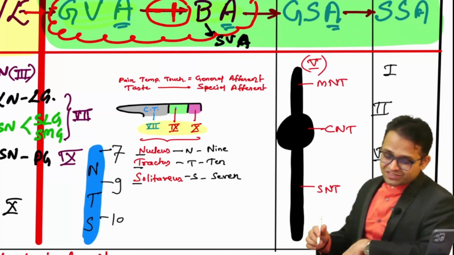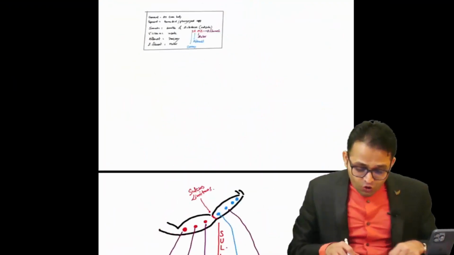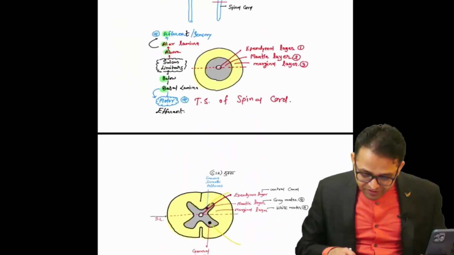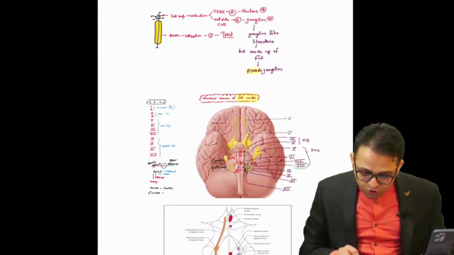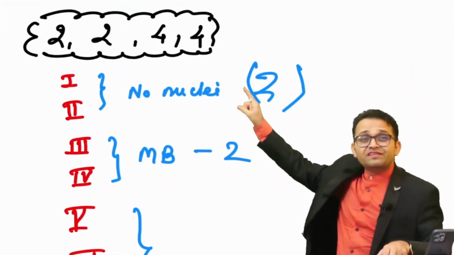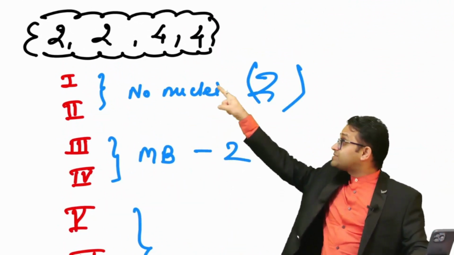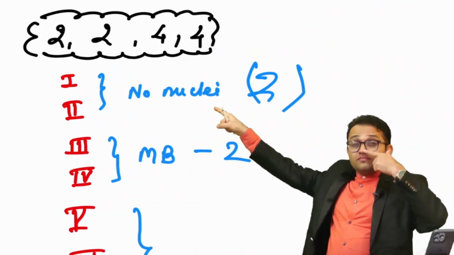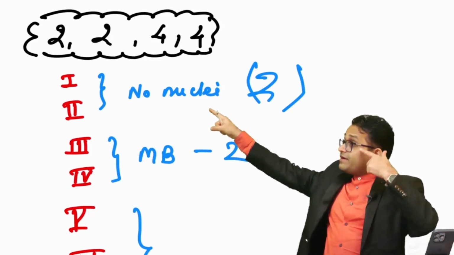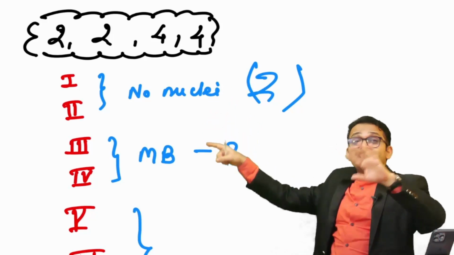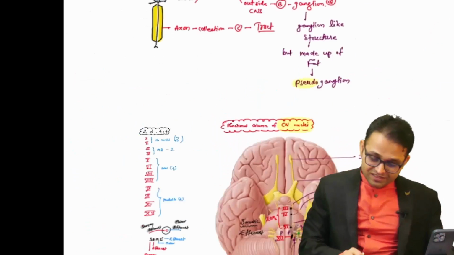But now try to understand, there is no first and second nucleus. Do you remember that formula 2244? I told you that first and second have no nucleus. These have axons: the olfactory nerve, and second means the optic nerve. They do not have a nucleus.